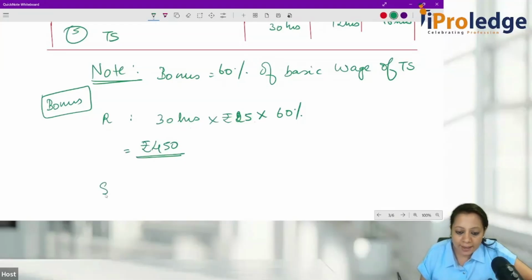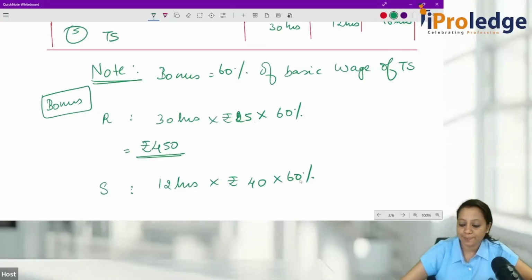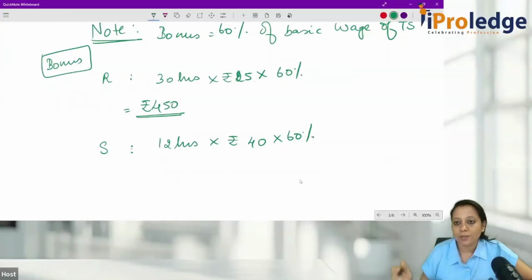So S is going to be, how much was the time saved? 12 and 16. So 12 hours into rupees 40 into 60%. Basic wage was 40 for S. How much? 288. Thank you, dear.